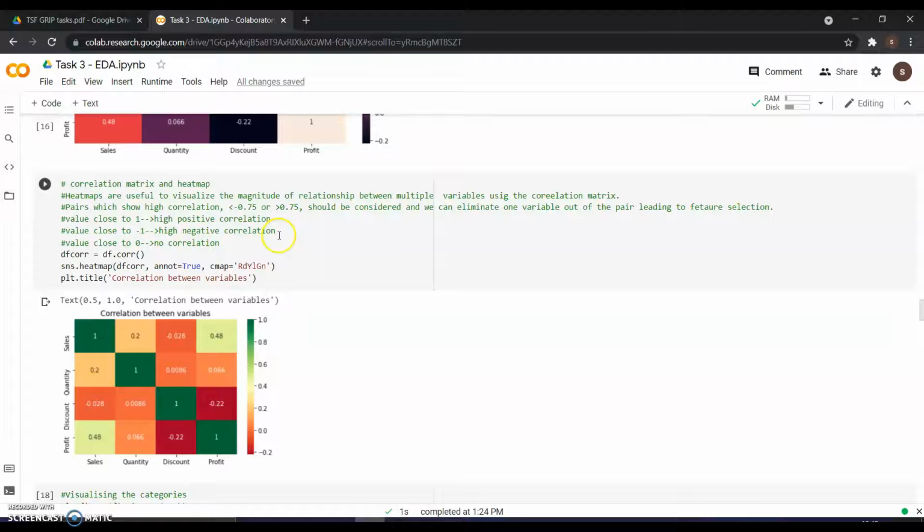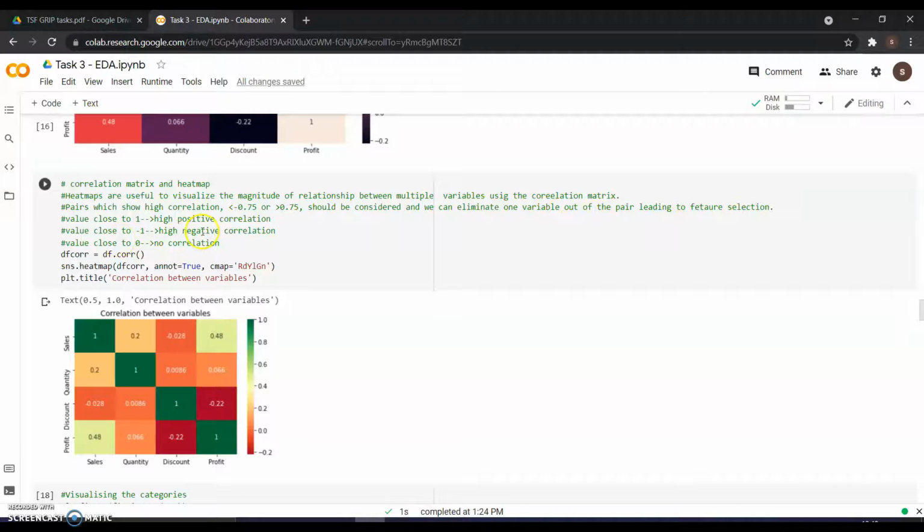Heat maps are useful to visualize the magnitude of relationship between multiple variables using the correlation matrix. Pairs which show high correlation, between minus 0.75 and plus 0.75, should be considered, and we can eliminate one variable out of the pair, leading to feature selection.